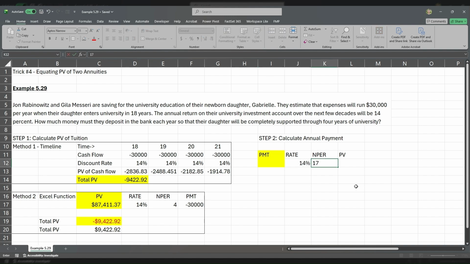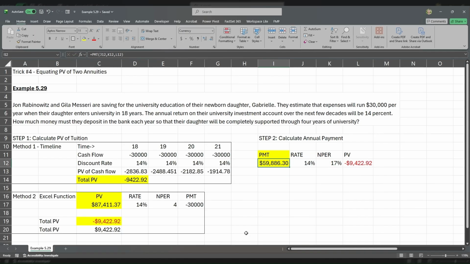14%, 17 years, and our PV is this 9,422. So equals PMT, rate, nper, and PV. Now, for some reason, I don't know exactly why, my nper here is formatted as a percentage.